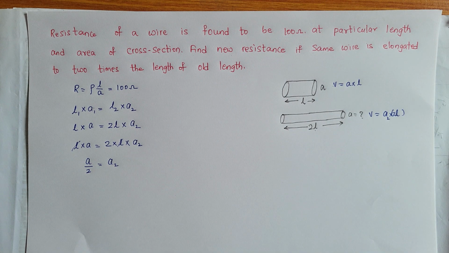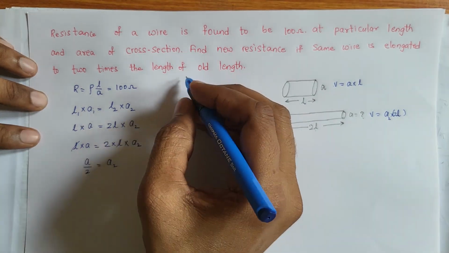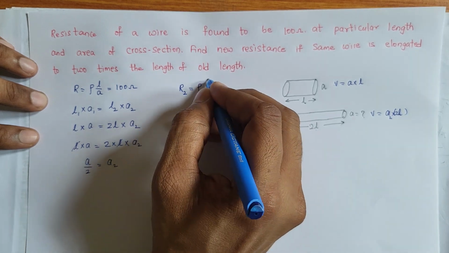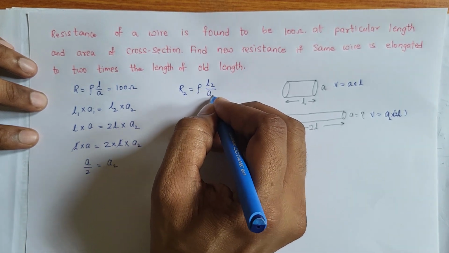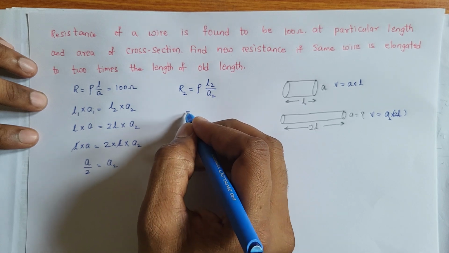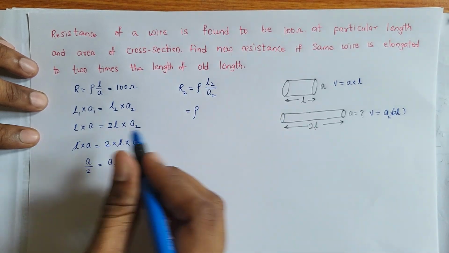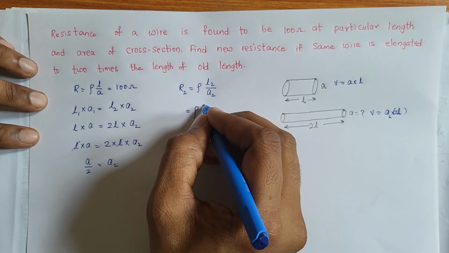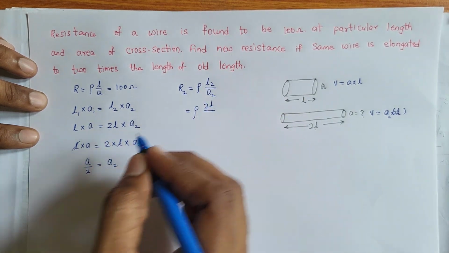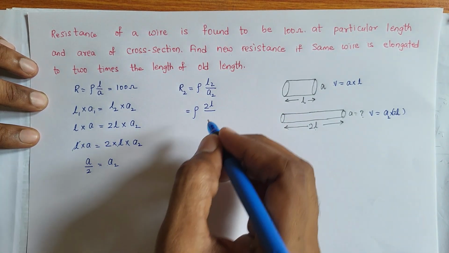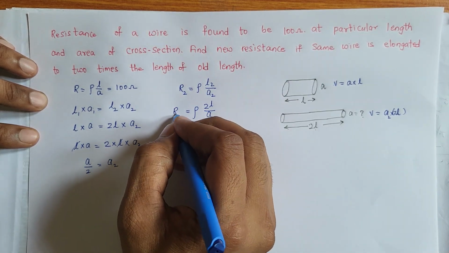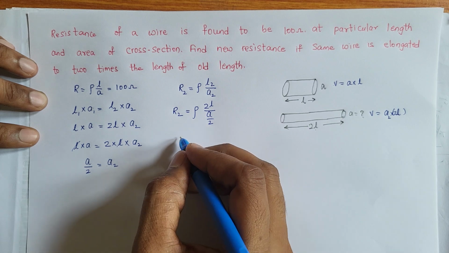Okay? Now after finding A2, we can find the resistance. What is the resistance now? Let us take it as R2. R2 is equal to rho L2 divided by A2. That is equal to rho, what is L2? L2 is nothing but 2L. Correct? It is 2L divided by A2, and A2 is nothing but A divided by 2. 2 goes up, it becomes 2 into 2, 4.